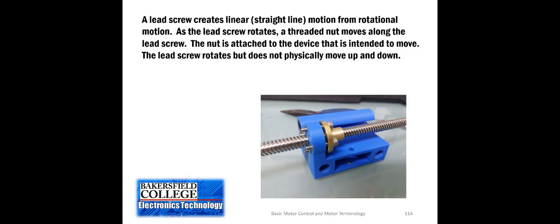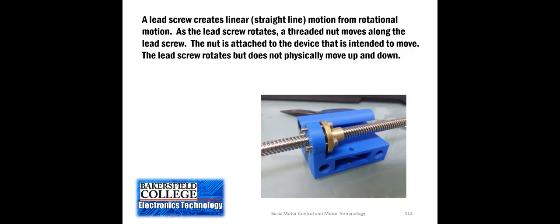So there is a nut that has the same type of thread as the lead screw. The nut is attached to what needs to be moving back and forth. In this case, it's a block of material. But in other cases, it's the actual rod that moves in and out of the actuator. So the lead screw rotates, but it doesn't physically go out or in.